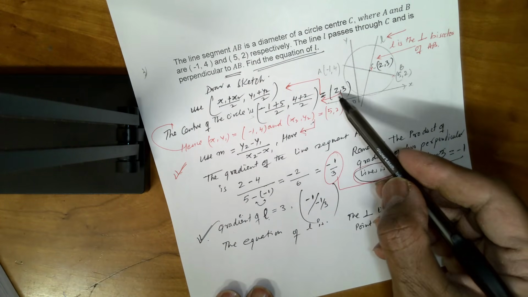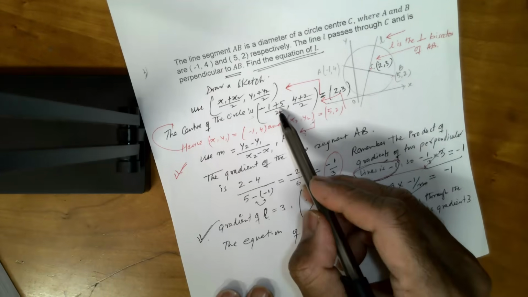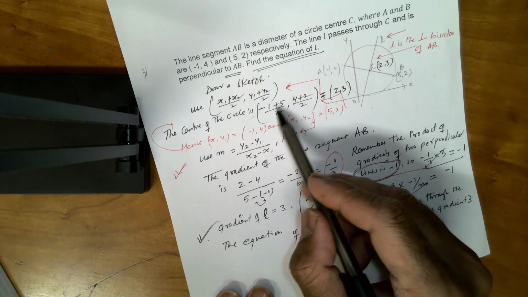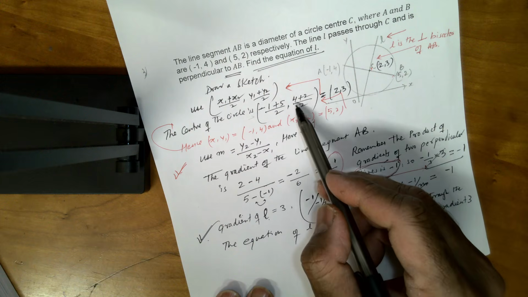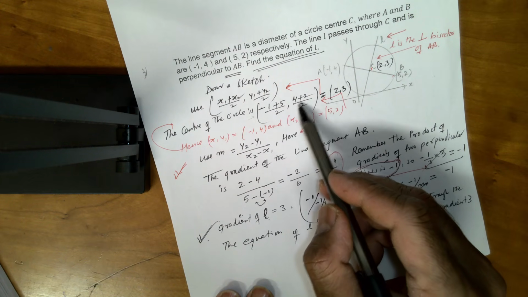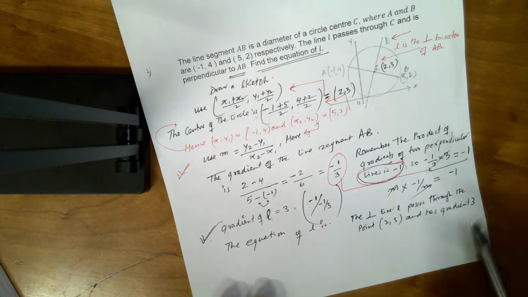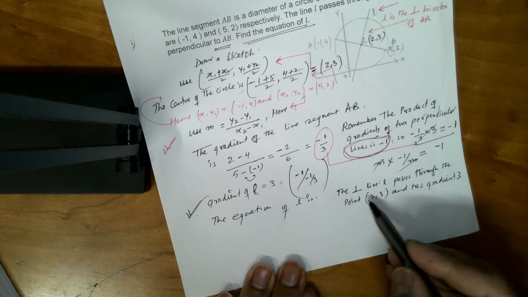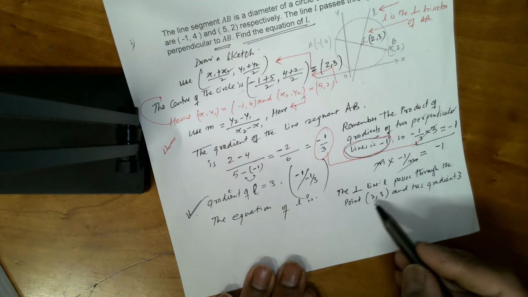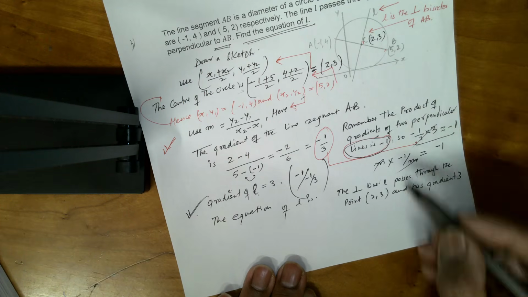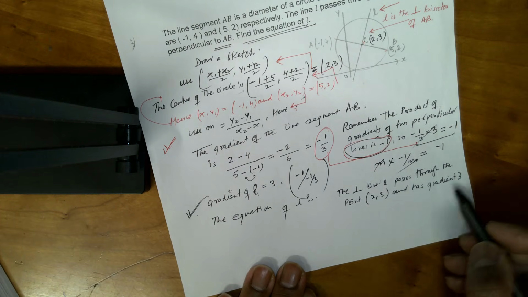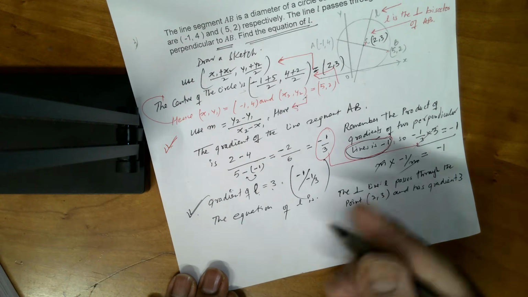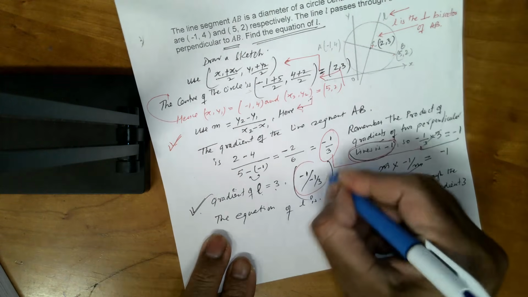So this is where you got your (2, 3), because 1 minus that gives you 4 by 2, that's 2. Then you got your 6, and 6 over 2 gives you 3. So the perpendicular line L passes through the point (2, 3), which is here, and has gradient 3, which is gradient 3 here. And I also explained to you how we got that.